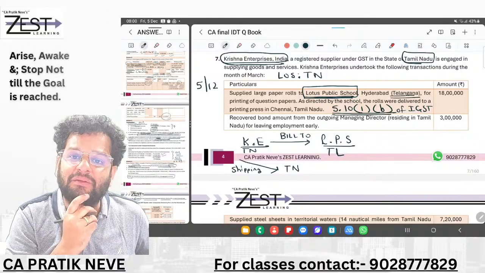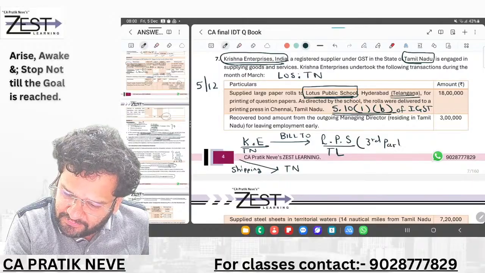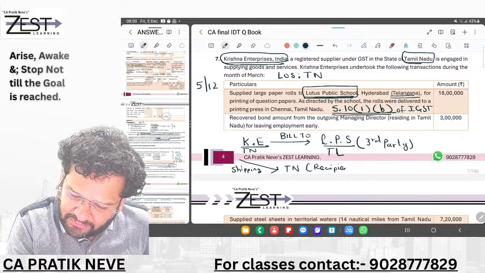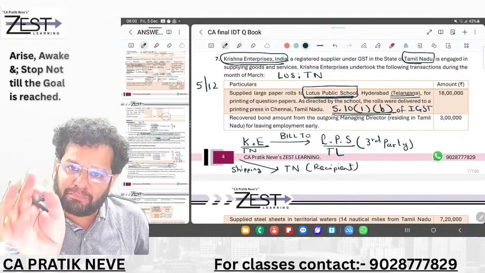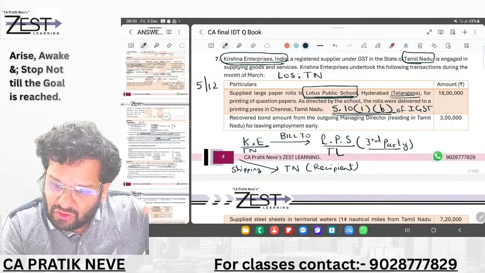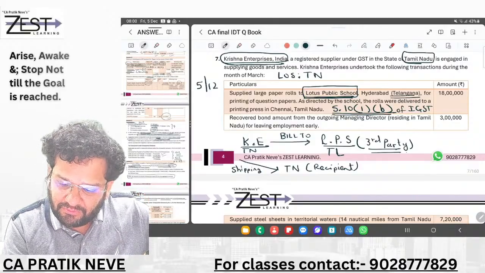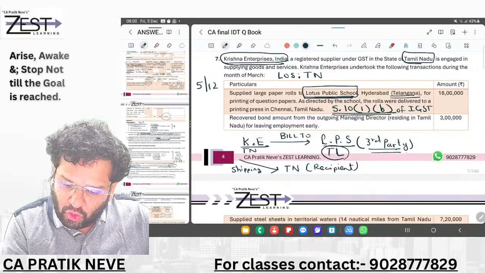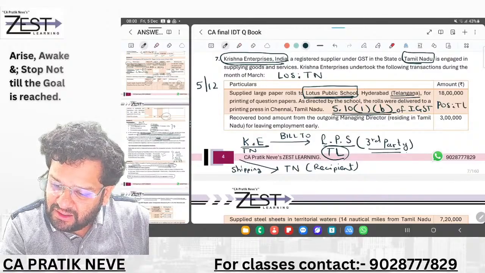So in 10(1)(b), understand this person is called the third party, and this person is called the recipient. So in this case, place of supply is the location of the principal place of business of the third party, that is Telangana. So location of supplier Tamil Nadu, place of supply Telangana.